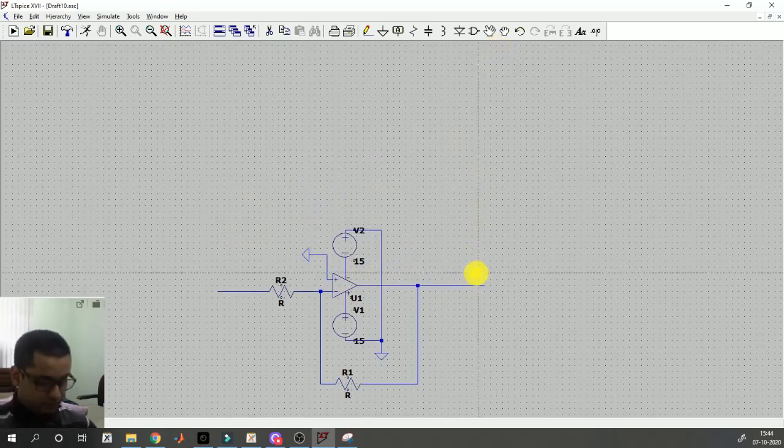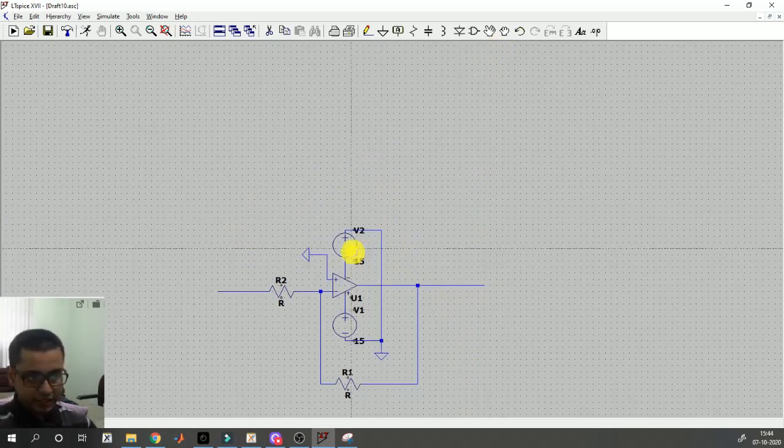Okay, remember that in a circuit, wherever we have the same symbol like this ground symbol, all those points are at the same potential. Same symbol, same potential. Okay, so my amplifier is ready. This is the input, this is the output.